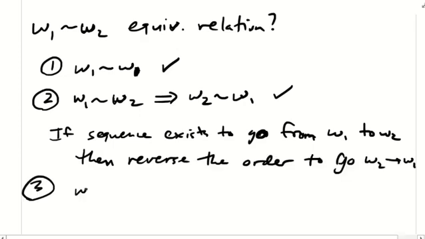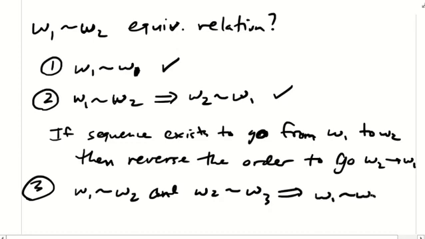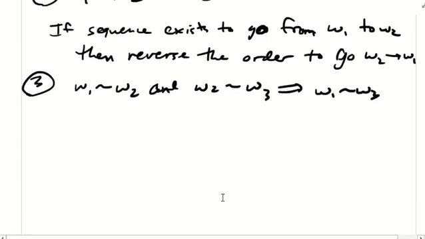Lastly, transitivity. W1 is the same as W2, and W2 is equivalent to W3. Then W1 is equivalent to W3, and that's definitely true because if you have a sequence from W1 to W2, and then from W2 to W3, then you just do the sequences one after another to get from W1 to W3.